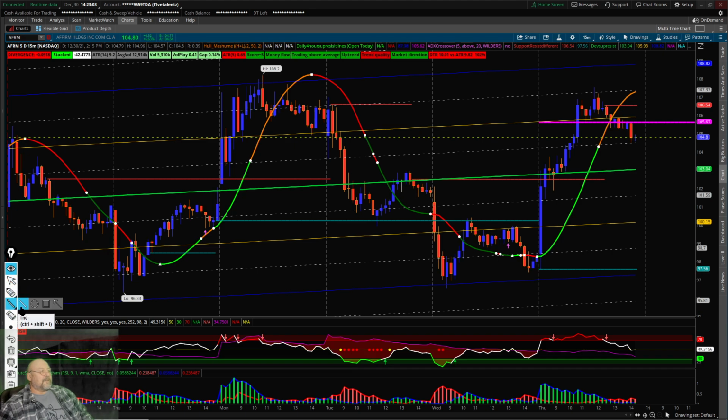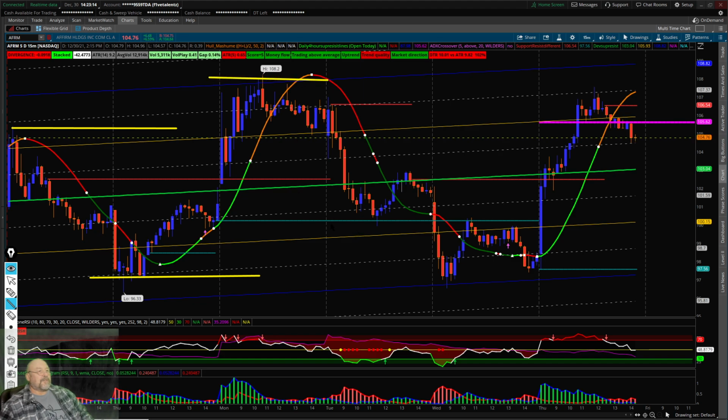Again, our support lines, horizontal support lines. Deviation is the vertical lines. So here's your support. Here's the resistance. Right here, support right there. Resistance, support, resistance.